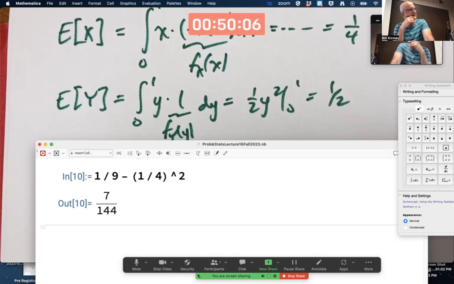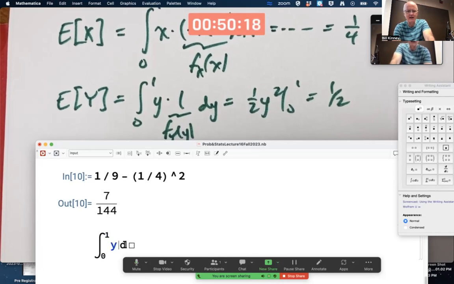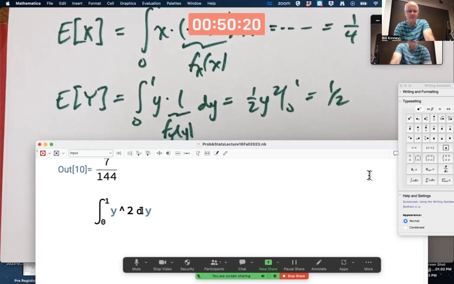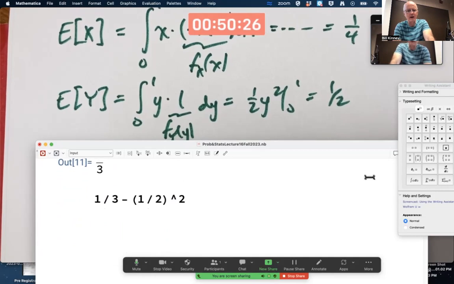I think it was. B is 1, a is 0, 1 minus 0, 1 squared, 1 over 12. Variance of y should be 1/12. Second moment of y, double checking: 1/3. 1/3 minus 1/2 squared is 1/3 minus 1/4, which is 1/12.